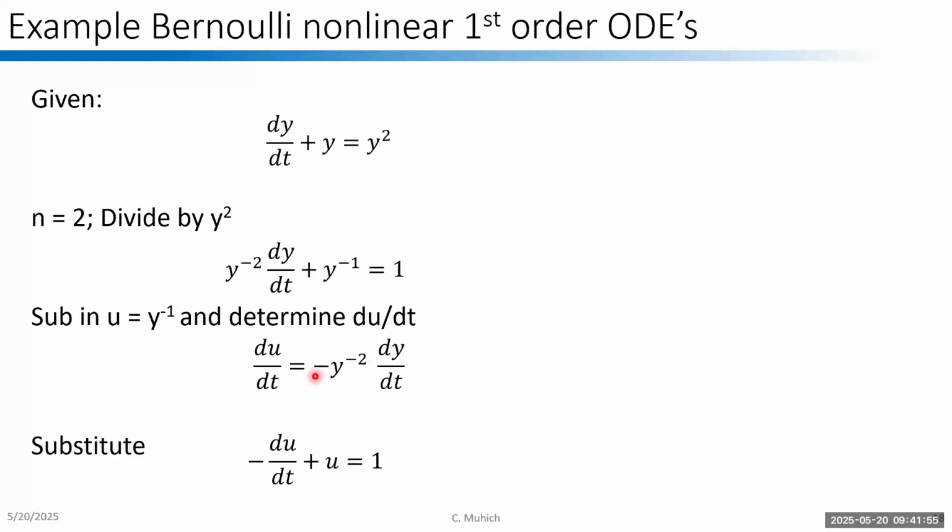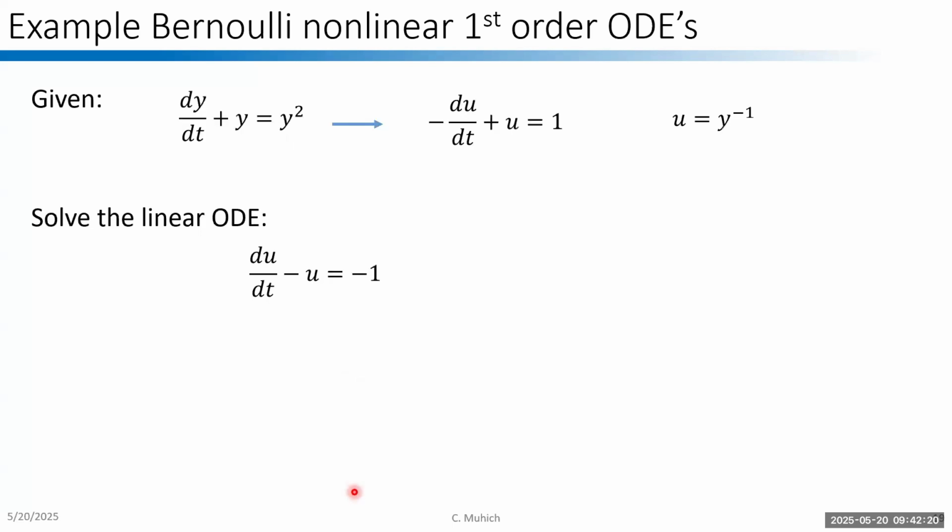Now I substitute this into this equation, and we'll see that this term pops up here. I have my u, and my minus y to the minus 1 shows up over here. I can substitute in to get minus du/dt plus u equals 1. Now, all of a sudden, I know how to solve this because I now have a linear equation.